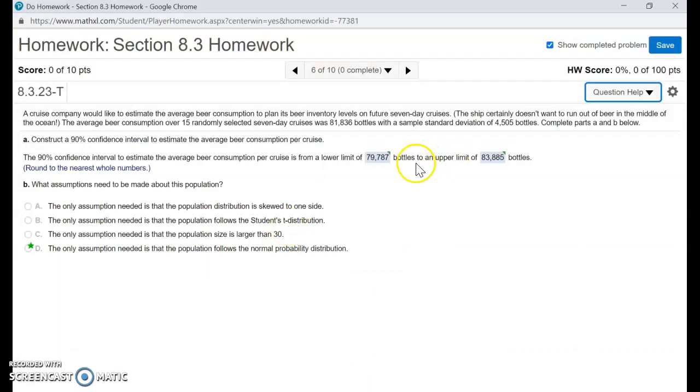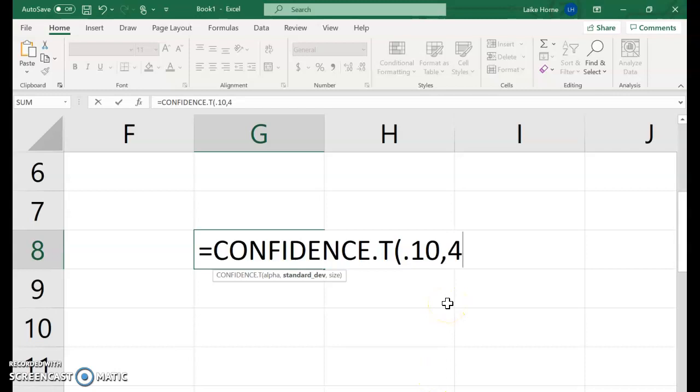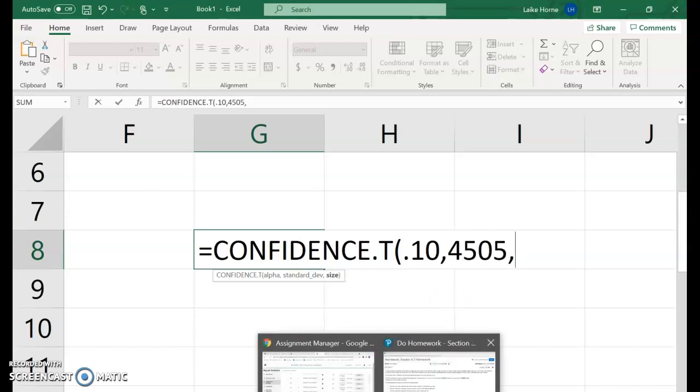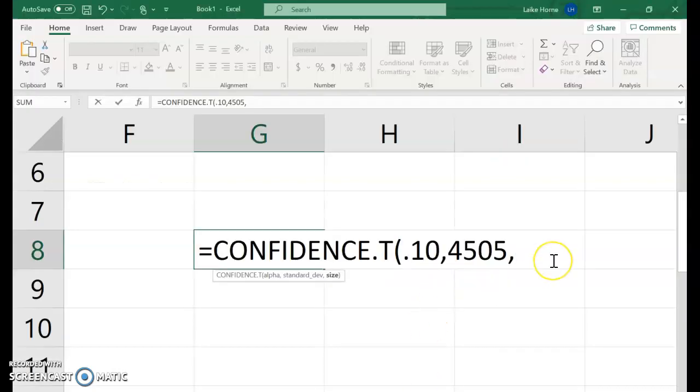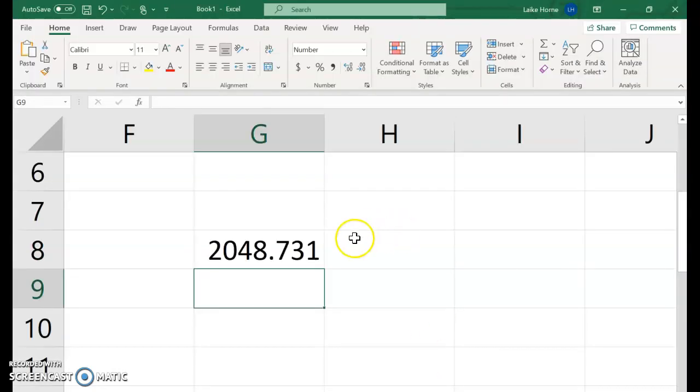So our standard deviation here is 4,505 bottles. So 4,505. And then our sample size, it says that the average beer consumption over 15 randomly selected 7-day cruises. Okay, so 15 is our sample size. All right.